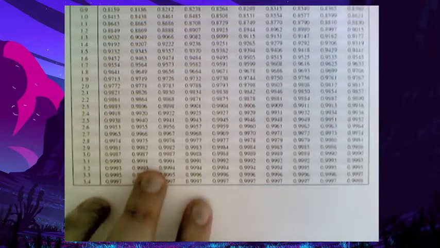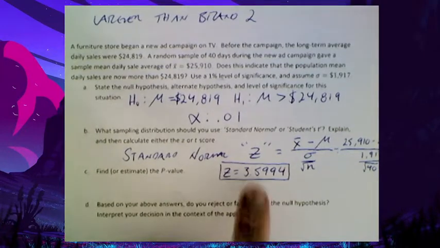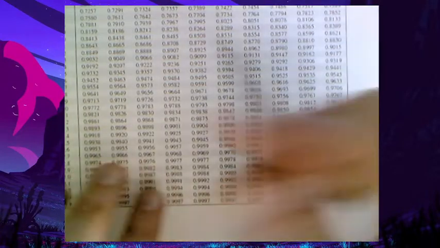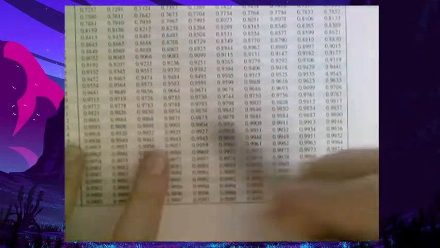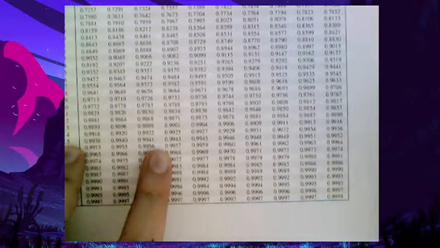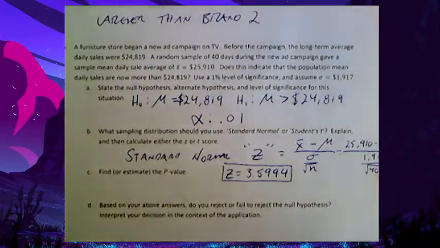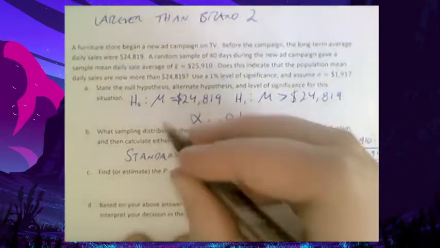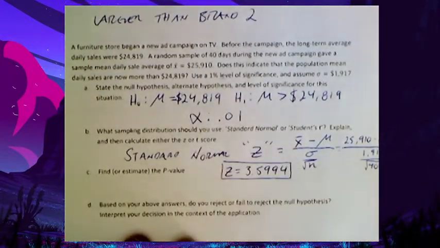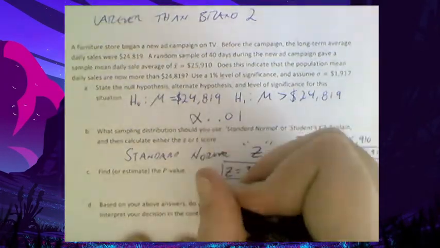But for the sake of showing you this process, let's say that it was 2.59. Here's 2.5. Go over to the 9. And we have a 0.9952 as our p-value there, right? So since we have to estimate it, we would say that since we're greater than, we got 1.